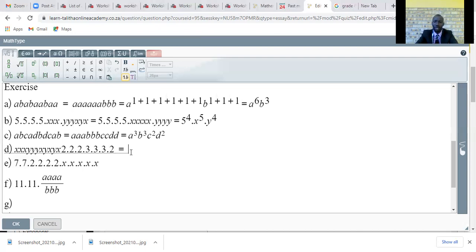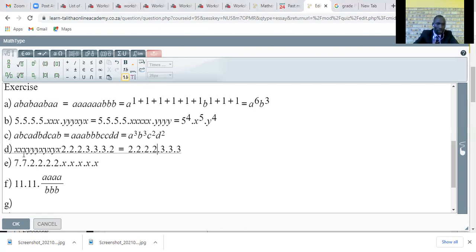Then how many threes are there? 1, 2, 3. 3 threes. Then after that, we want to look at the x's and the y's. So how many x's are there? Well, let me first remove this.